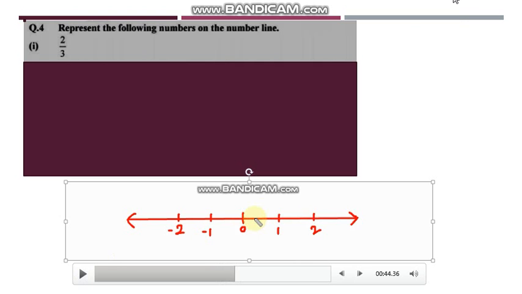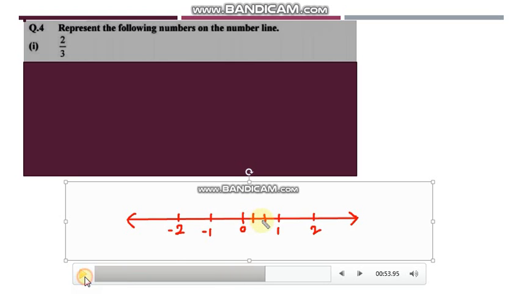We know that 2 over 3 is lying here. Okay. So check the denominator. Denominator is 3. It means we will divide this 0 to 1 portion into 3 equal parts. 1, 2 and 3.